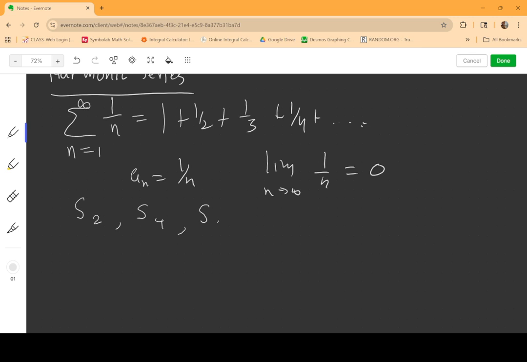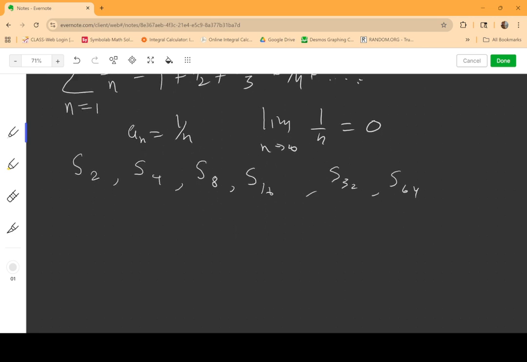And by the powers of 2, I mean these: S2, S4, S8, 2 to the first, 2 squared, 2 cubed, 2 to the fourth, etc., S16, S32, and S64. The idea here is I'm going to show that it is actually unbounded and show that this series diverges.